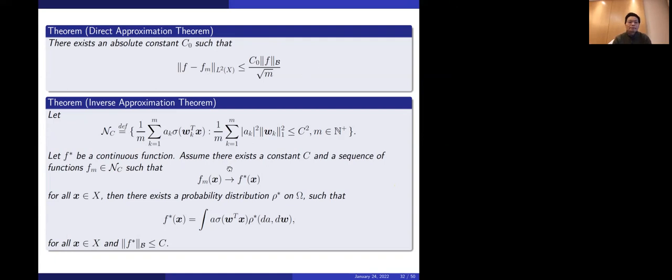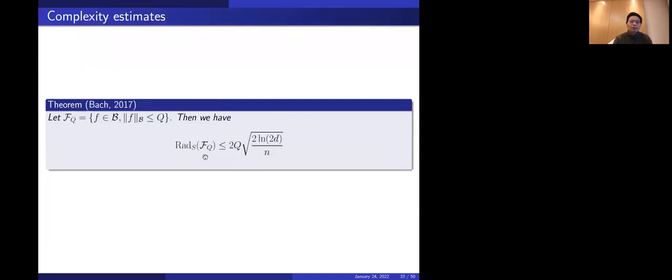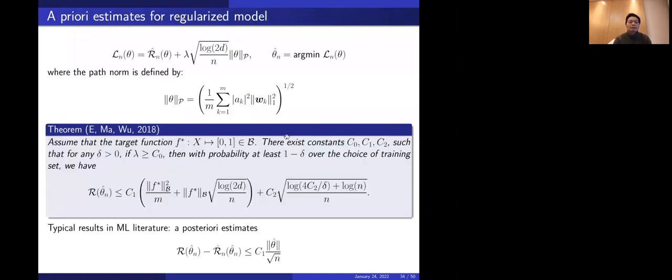And the inverse theorem says that if a function can be approximated by 2-layer neural networks, and these neural networks have some uniform bounds, then that target function has to be a Barron function. And again, we can show that the Rademacher complexity is like 1 over square root of n with some logarithmic dependence on dimensionality. This theorem was proved by Bach. And together, we can consider regularized models, with a similar kind of regularization.